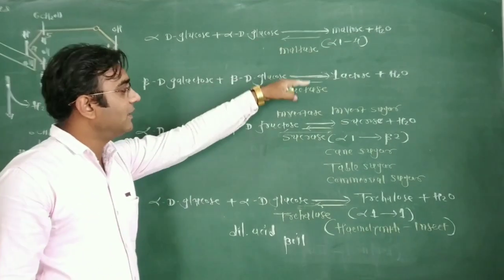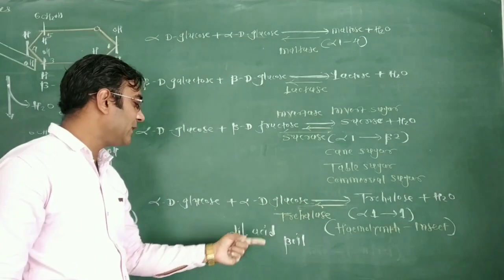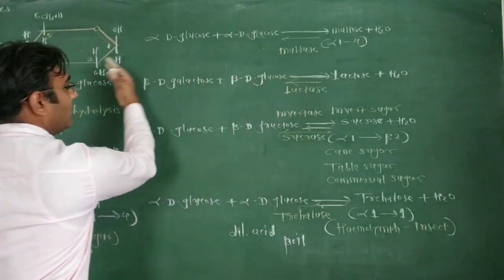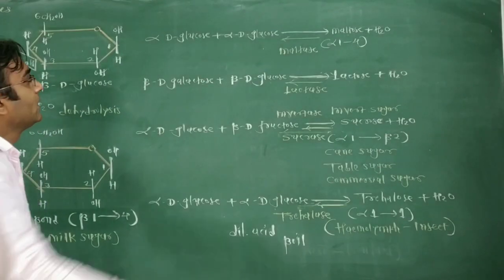So maltose, lactose, sucrose and trehalose split in acidic medium with slight temperature, and are converted into their building blocks.